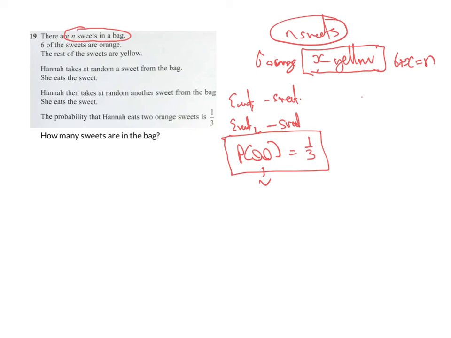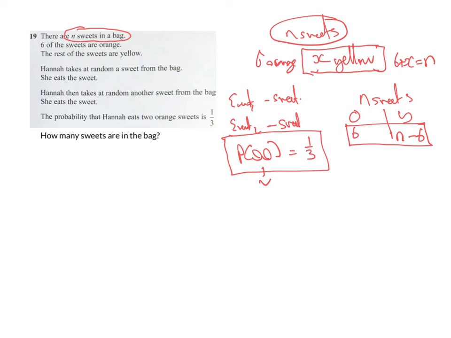Well, if you have n sweets, and orange is 6, okay, how many is yellow? Well, you've got n sweets, and 6 of them are orange, so if you take 6 away, the rest must be yellow. Okay, so there we now have 2 descriptions, both based upon the same letter.